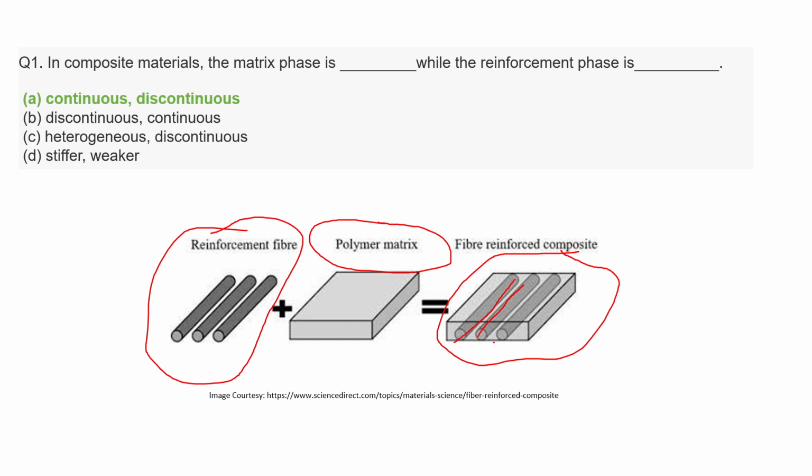So they are separate to each other, that means they are not continuous. So they will be discontinuous. This option is for the reinforcement. Whereas the matrix phase is all around the reinforcement. It is the one which is combining all these reinforcement fibers together. It acts like a glue to all the reinforcement fibers, and it is continuous as defined in the class.